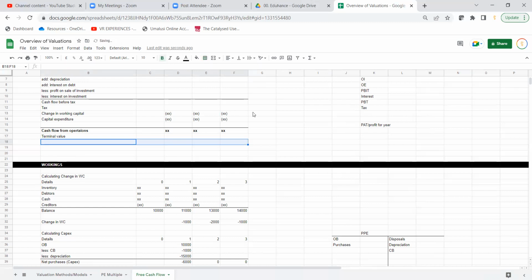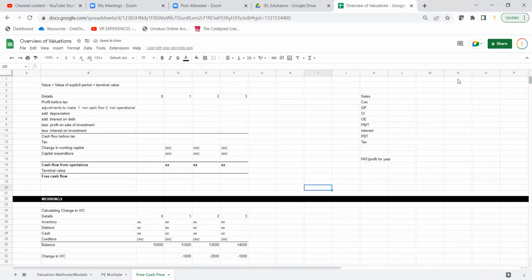We'll have terminal value, and with the terminal value, this will give you basically free cash flow. Remember, the terminal value is taken from there onwards.